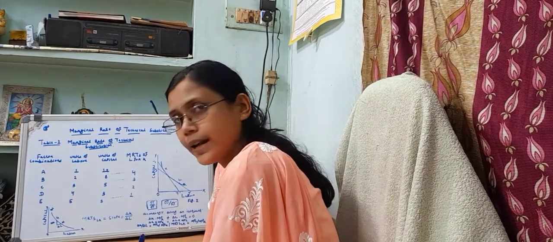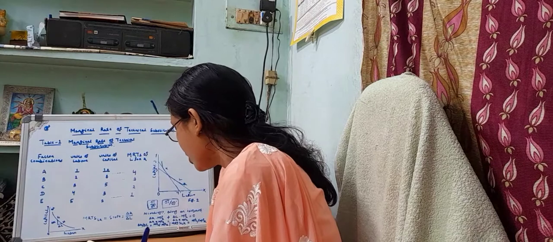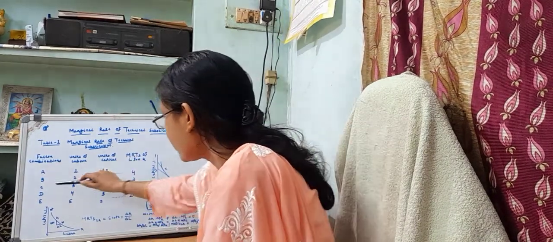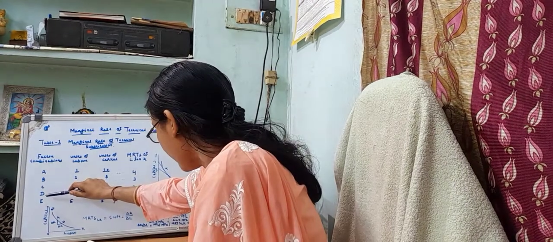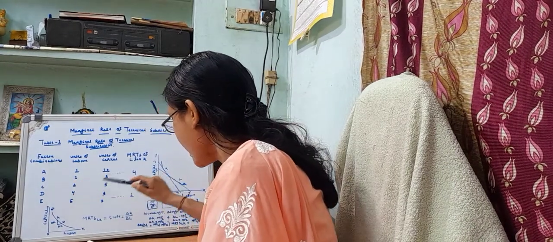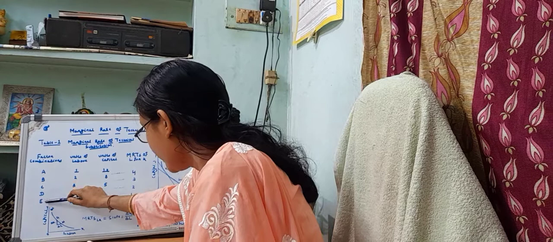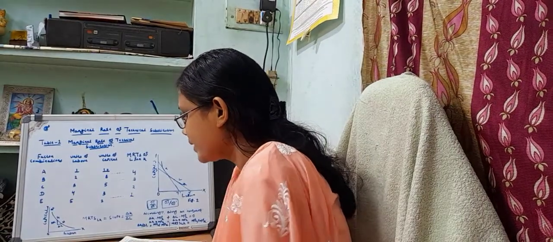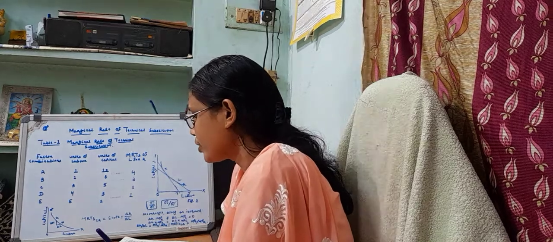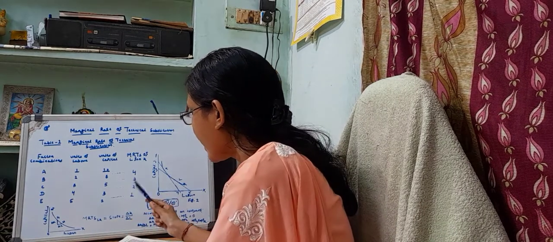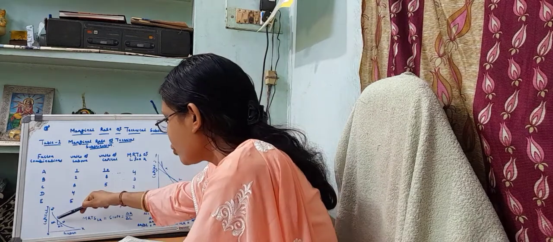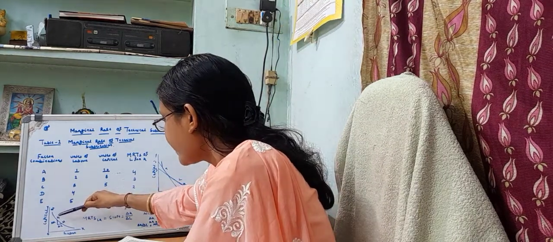Likewise, the marginal rate of technical substitution of labor for capital between factor combinations C and D is 2, and between factor combinations D and E is 1. Then the marginal rate of technical substitution at a point on an isoquant or equal product curve can be known from the slope of the isoquant at that point.